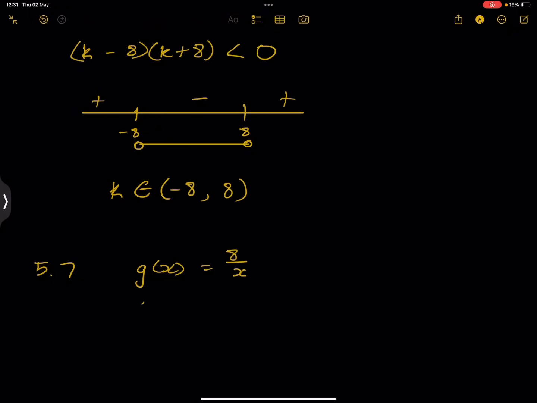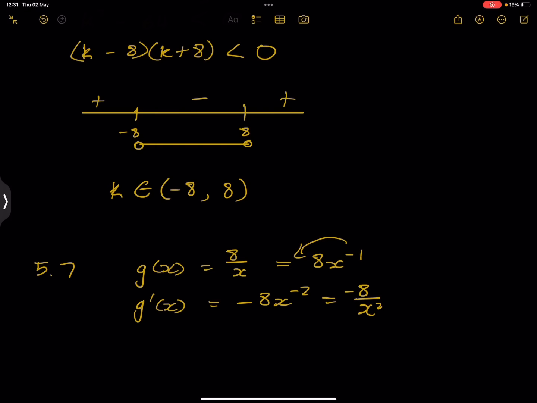Now what would be g prime? Remember, if I write it in exponential form, that's 8x^-1. So if I take the derivative, that would be -8x^-2, right? So we can write this as -8 over x squared.